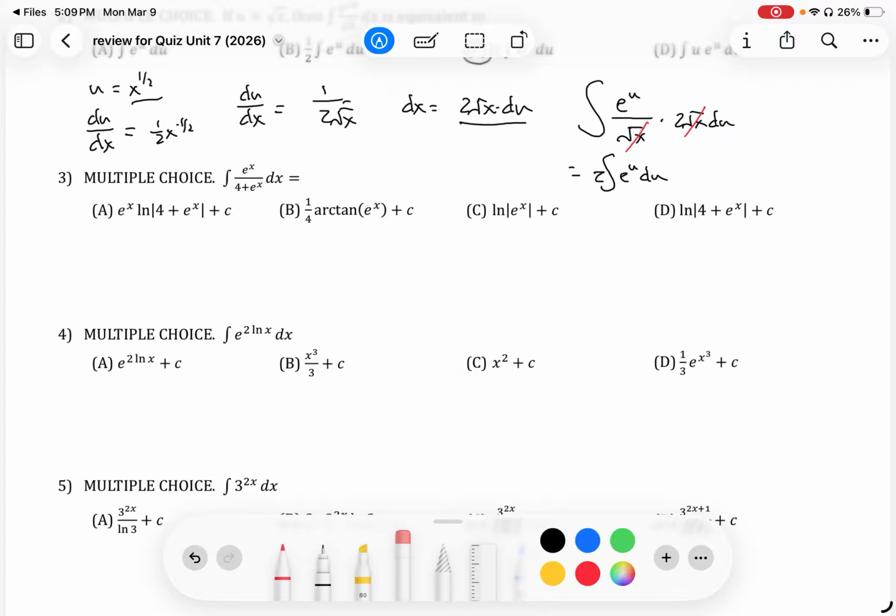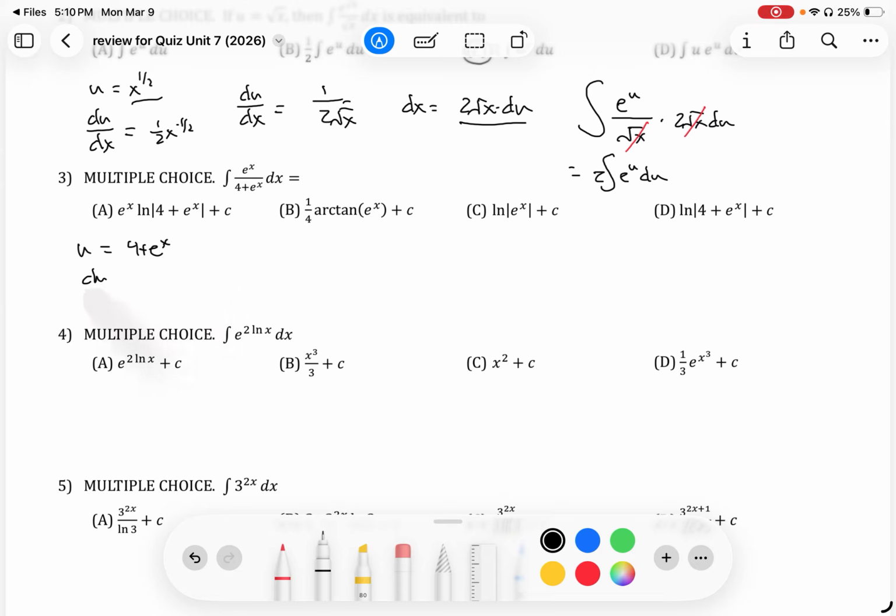I'm also looking for things where maybe if I took the entire denominator here, is the derivative of that up top? And the answer is yes. So I'm thinking this might be a natural log, because it kind of looks like 1 over blob times the derivative of the blob. So let's let u be 4 plus e to the x, the denominator.